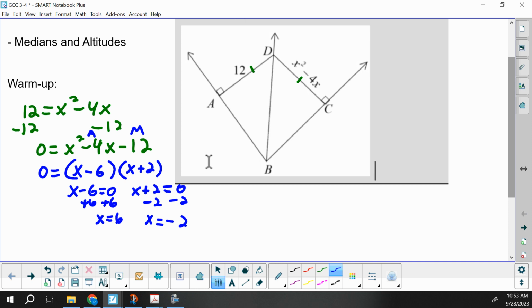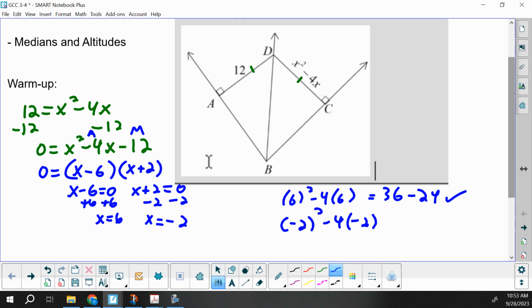Now when you get multiple answers, you want to make sure that they check out. The only expression we have to sub in is on the right. If you do 6 squared minus 4 times 6, that would give us 36 minus 24, which will give us 12. That checks out. And then if we do negative 2 squared minus 4 times negative 2, notice I'm always subbing it in parentheses.